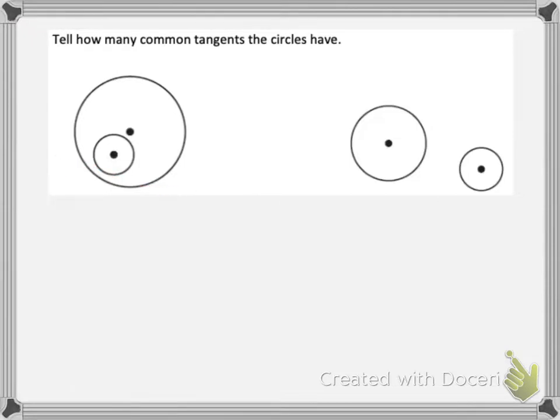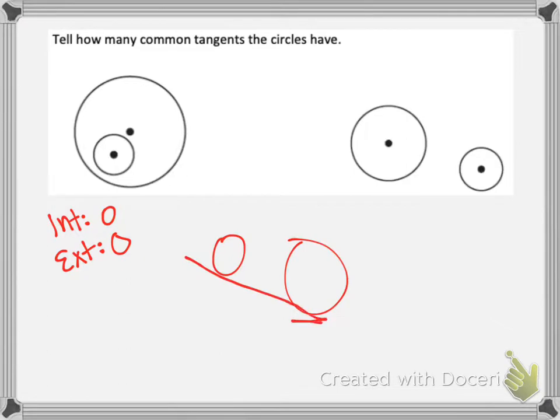And then external, this one is 0 and 0. So 0 internal, and 0 external, because external would be on the outer portions of the circle.